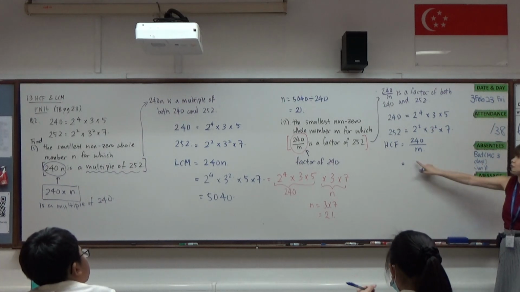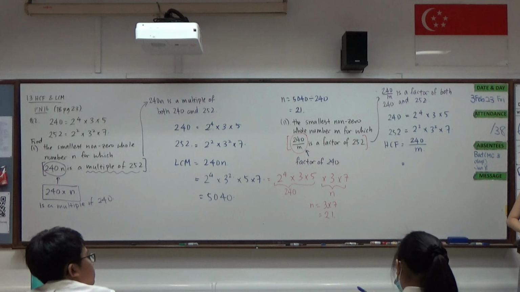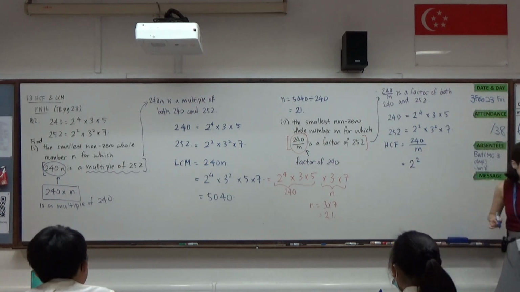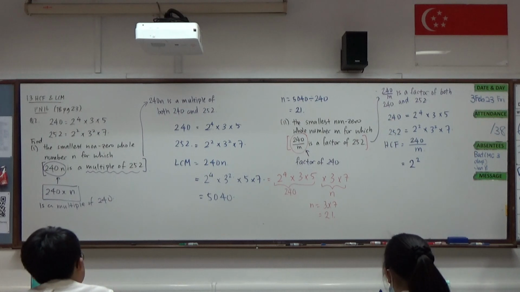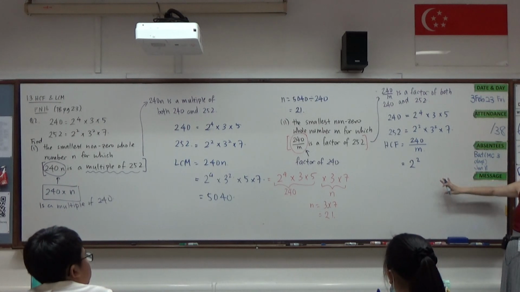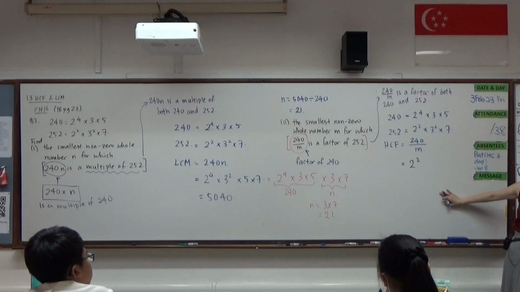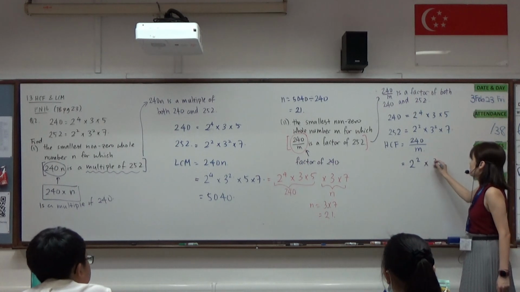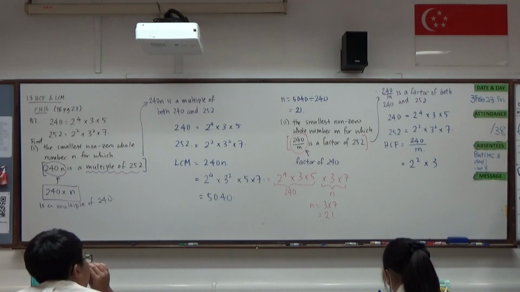What should I get for my highest common factor? 2 squared, great. Next one, what should I have? Joshua, what is the next factor in my highest common factor? 3, great. 1 three only, right?